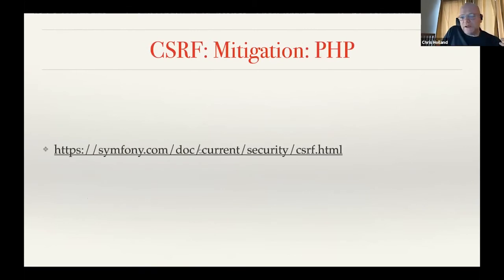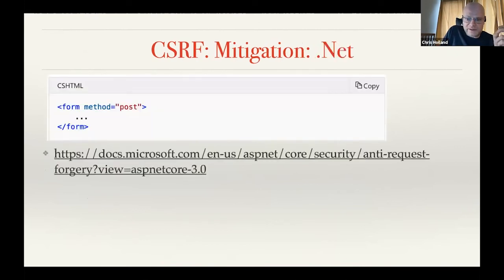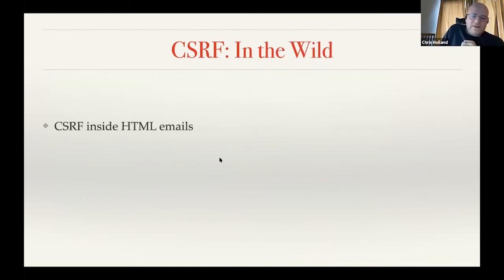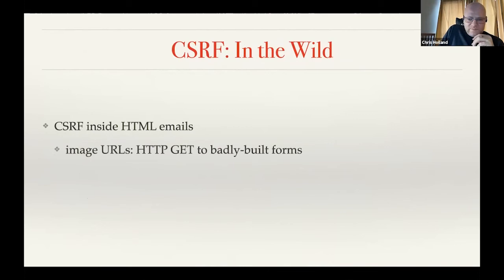In PHP, if you work in Symfony or Laravel, they each have articles on how to use CSRF. If you work in .NET, they have an article as well, so you can check that out. There are examples of it in the wild. I've had a bit of fun with that in the past, but I'm not going to get into that.